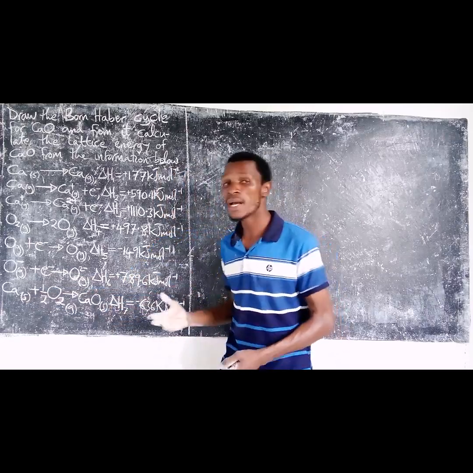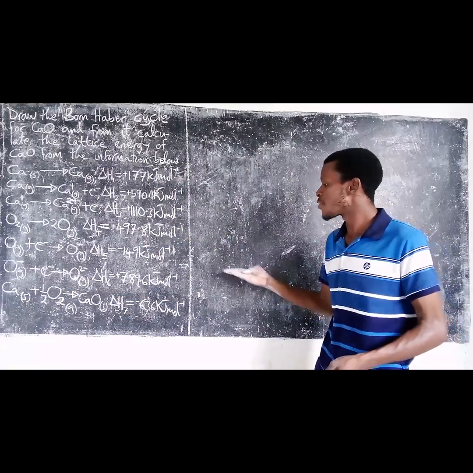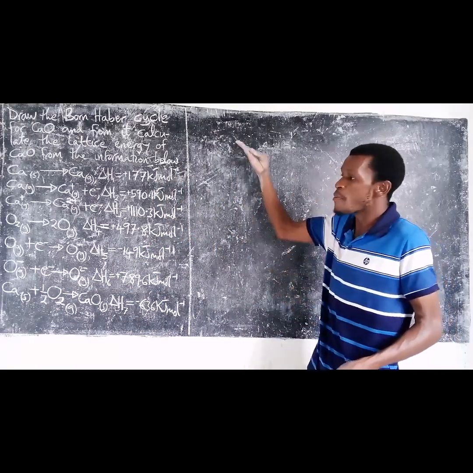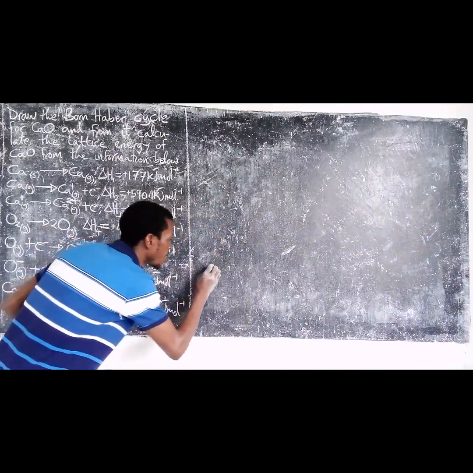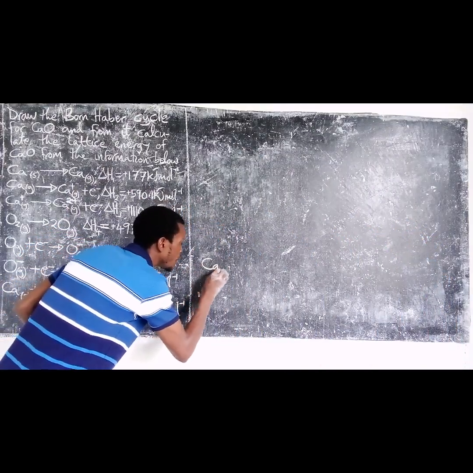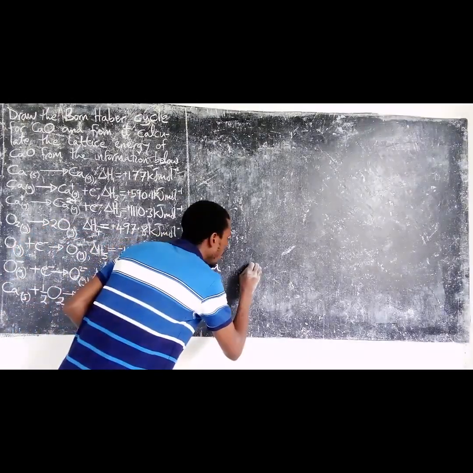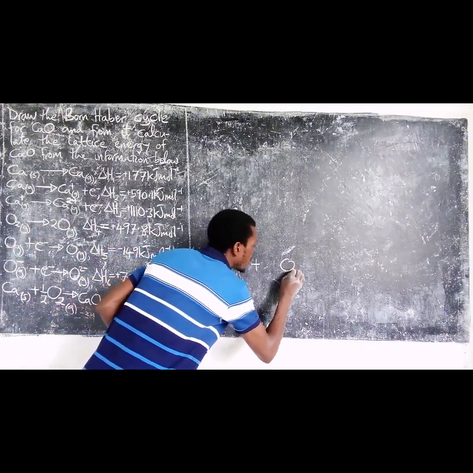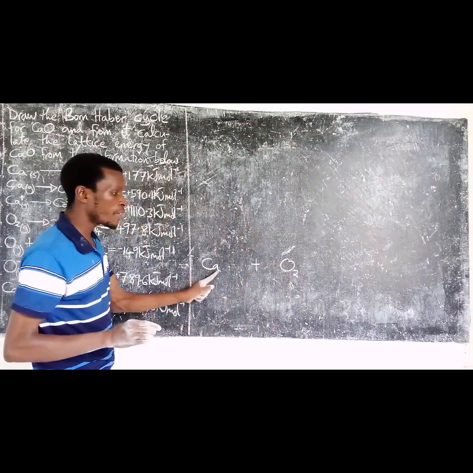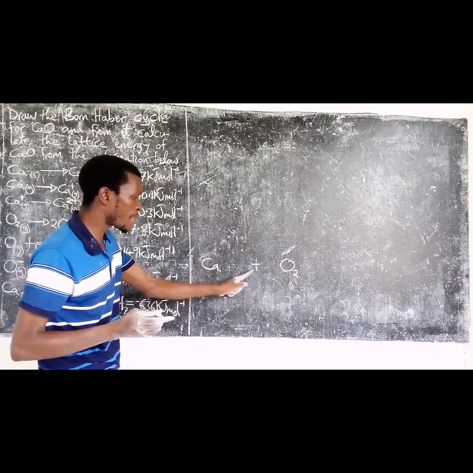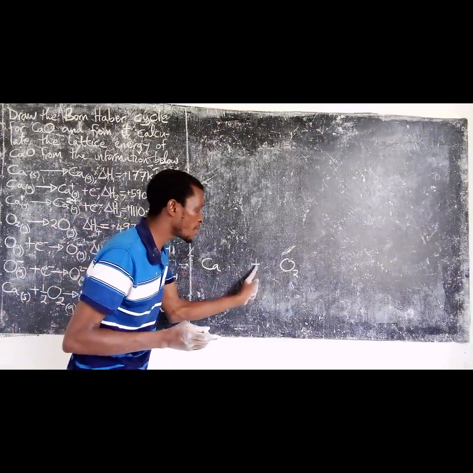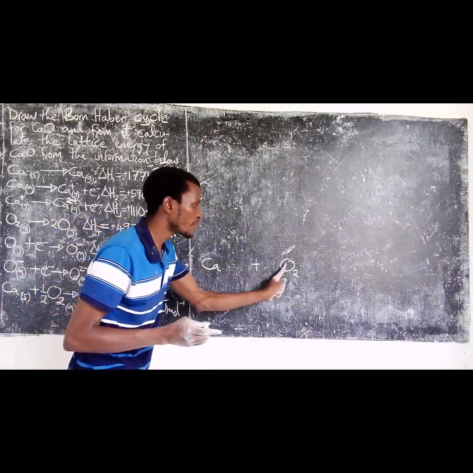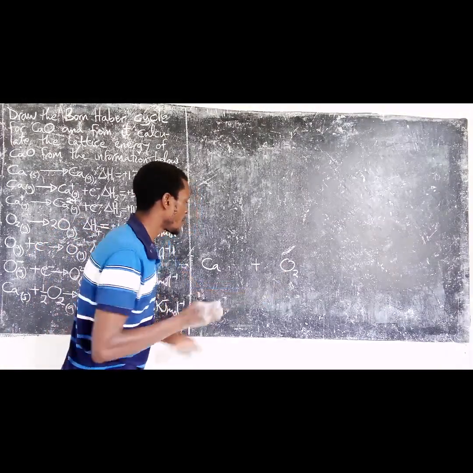Now, the Haber cycle is drawn from down upward. We have to write the reaction equation: the elements which are reacting, calcium plus oxygen, but you have to leave enough space between the plus sign and the metallic element, and the plus sign and the non-metallic element.